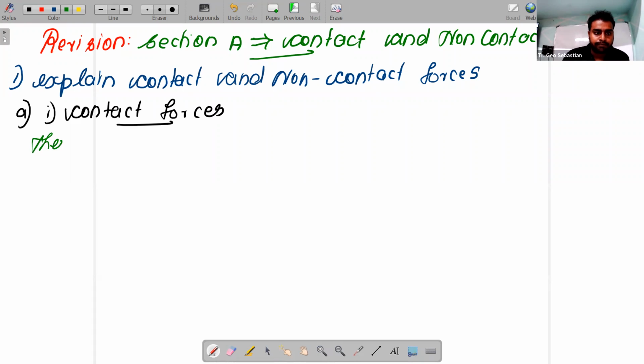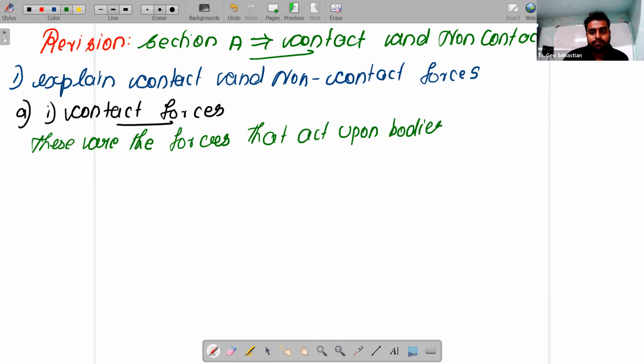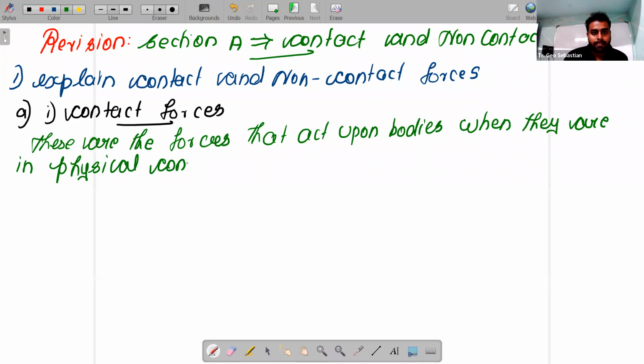These are the forces that act upon bodies when they are in physical contact, known as contact forces.